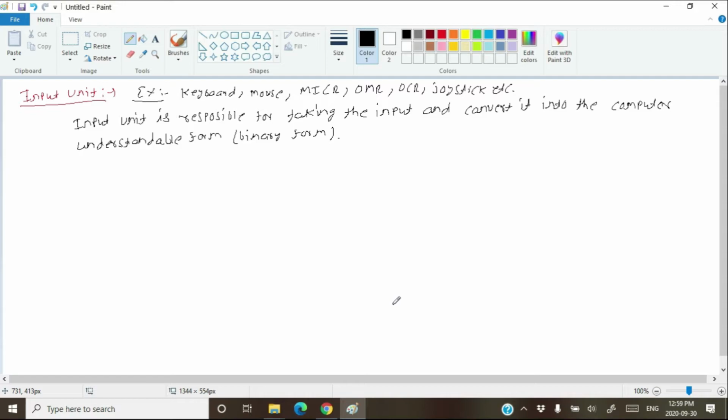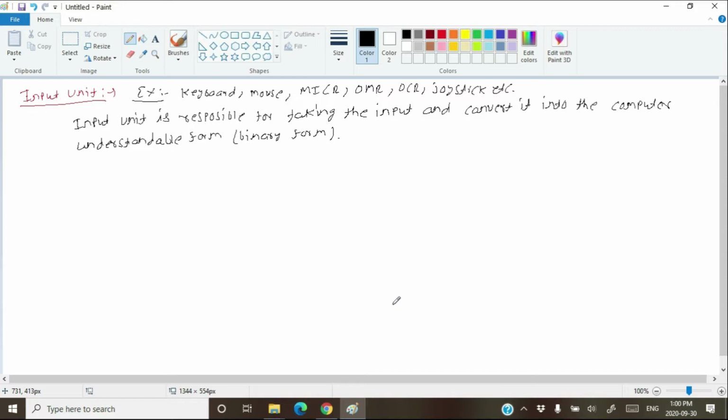So it is the responsibility of the input unit to convert whatever you type from the keyboard into a binary number. If you type A, that will be converted into the binary of 65. If you are not getting why binary 65, then we will talk about it later.